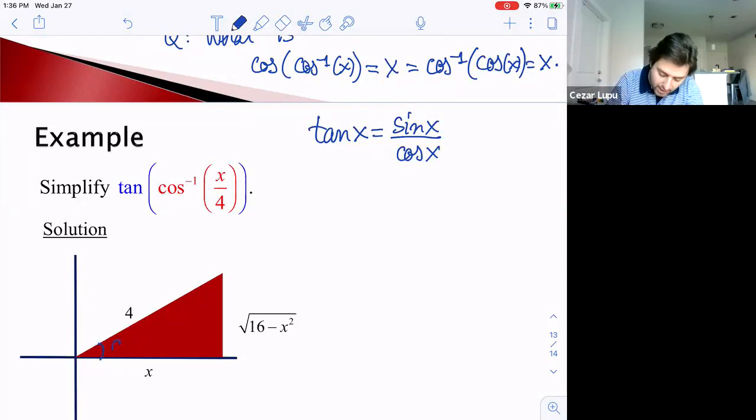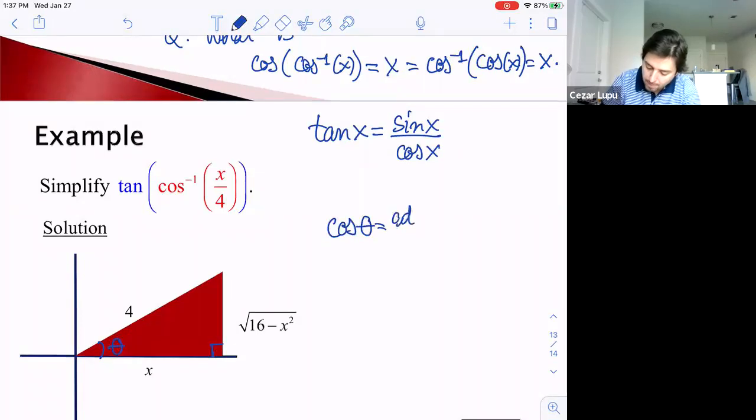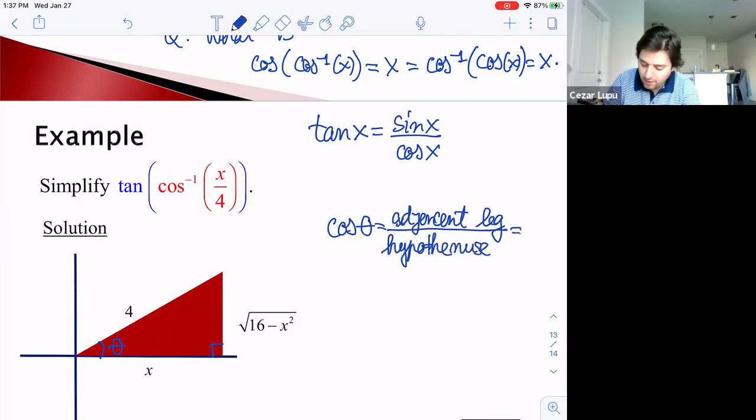This is the angle theta, and this is the right angle here. Since you deal with cosine inverse of x over 4, maybe you'll think of cosine of theta as the adjacent leg over the hypotenuse, and in our case, it is x over 4. Also, on the other hand, let me tell you one thing.